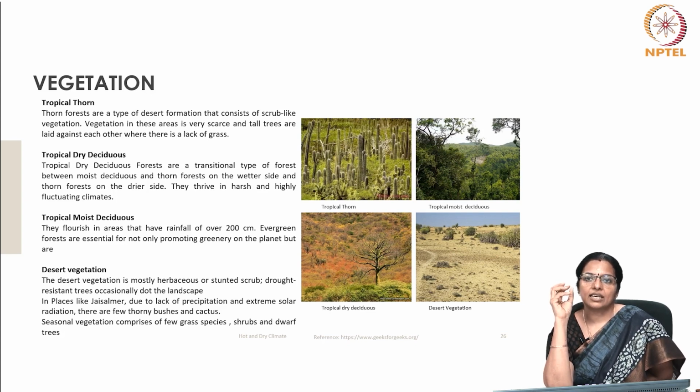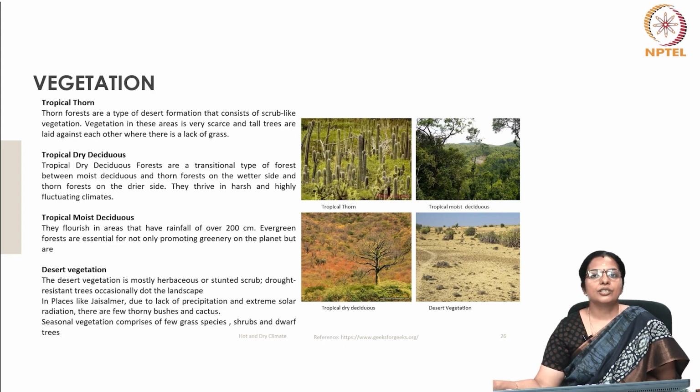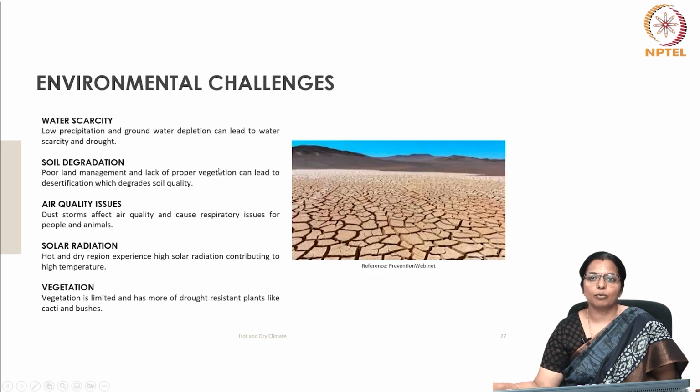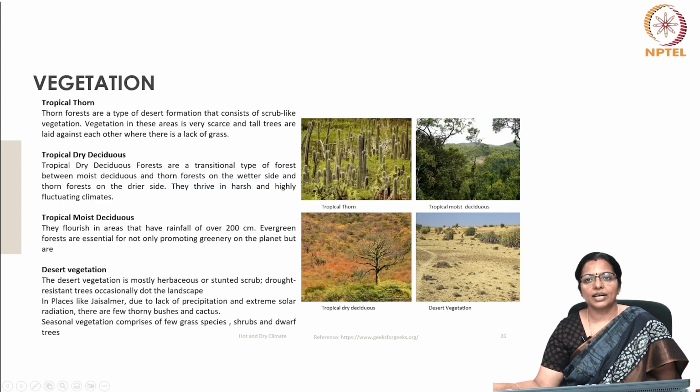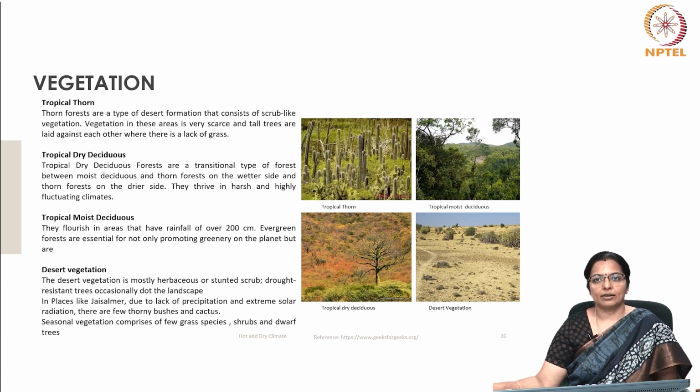Vegetation in these areas is very scarce, and trees are laid against each other where there is a lack of grass. Tropical dry deciduous forests are a transitional type of forest between moist deciduous on the wetter side and thorn forest on the drier side.